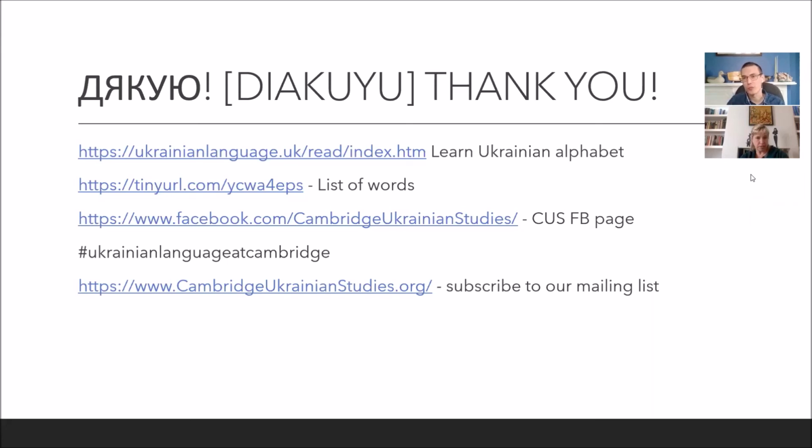So unfortunately you do have to learn it this way. The good thing is that in most dictionaries or textbooks, you can see where the emphasis is. So for example, with the word mama, it's on the first syllable.